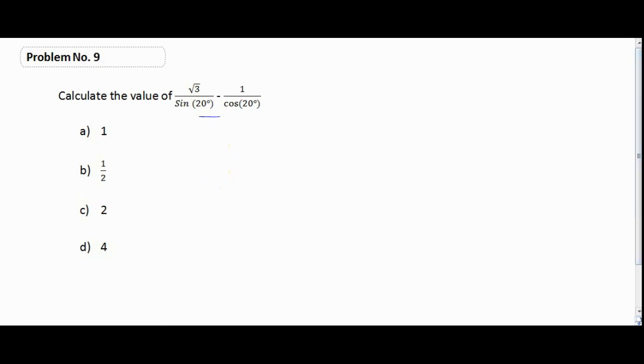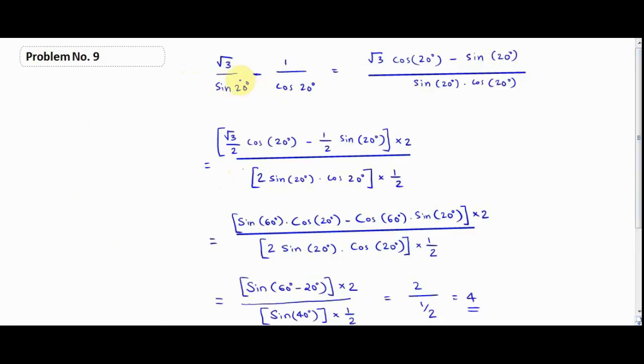At first, we may combine these two terms like this: root 3 into cos 20 degree minus 1 into sine 20 degree, divided by sine 20 degree into cos 20 degree. Then we will multiply the numerator terms with 1 by 2. So the numerator becomes root 3 by 2 into cos 20 degree minus 1 by 2 into sine 20 degree.